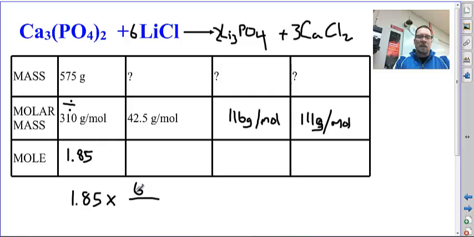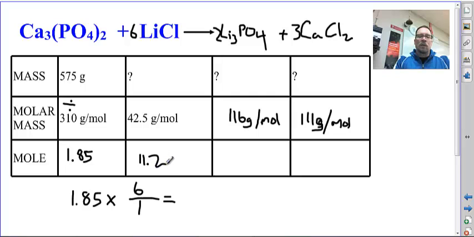So I'm going to put the 6 for the lithium chloride on top, the 1 for the calcium phosphate on the bottom, because it is always the coefficient of the one I want over the coefficient of the one I am starting with. If you scan back in the video and go to those rules and write those down, that's true. So in other words, what I have here is 1.85 times 6, which is 11.1.